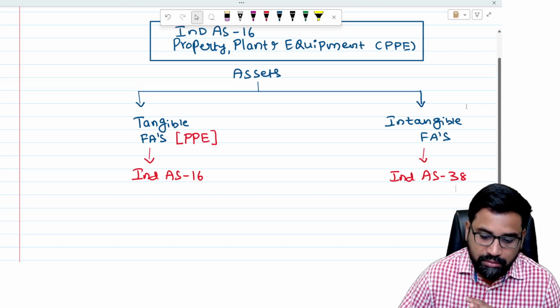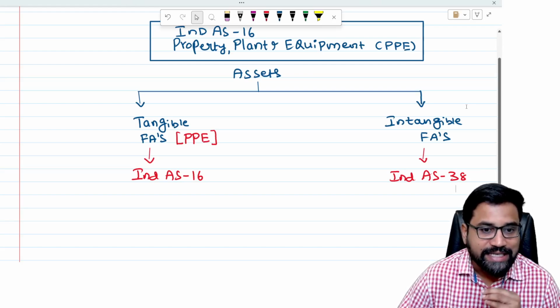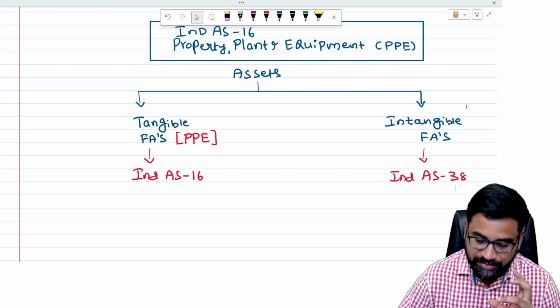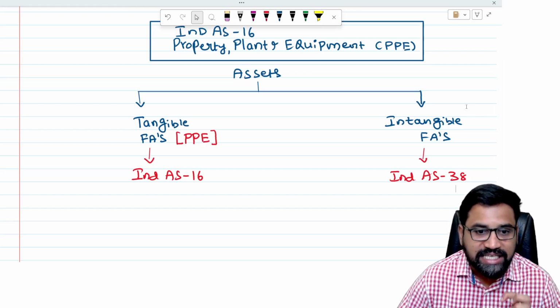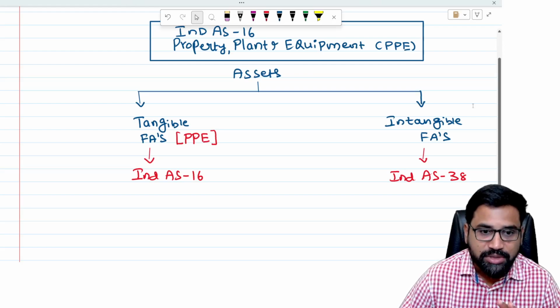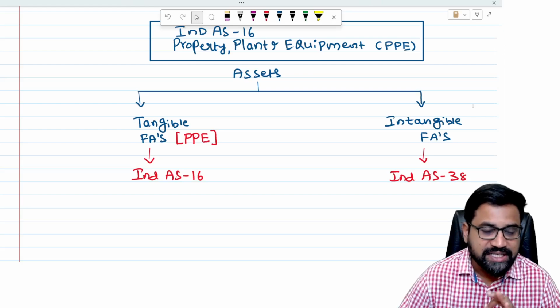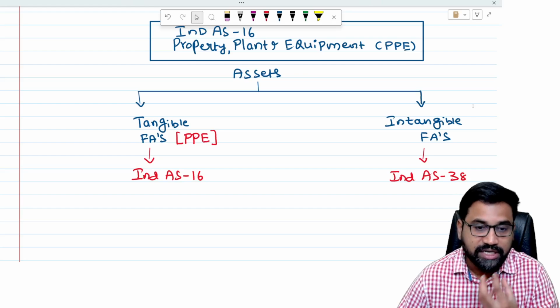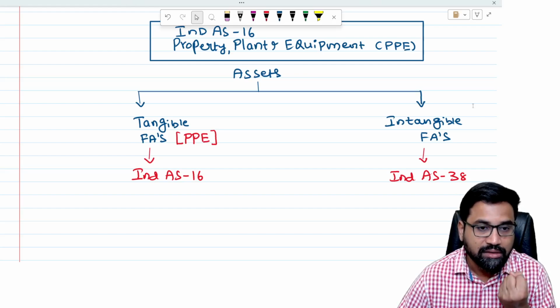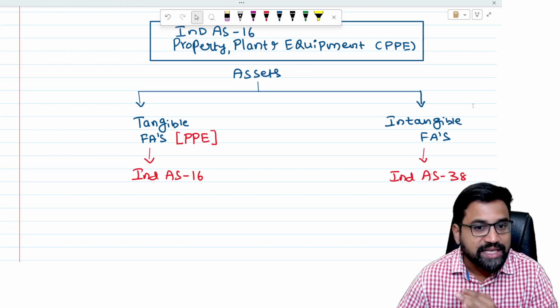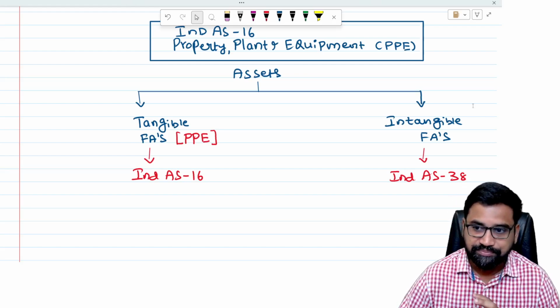So for any business organization, assets are important resources. These assets are basically classified into two types: tangible fixed assets and intangible fixed assets. Tangible fixed assets are physical assets; we can see them and directly use them. Intangible fixed assets means they do not have physical substance.